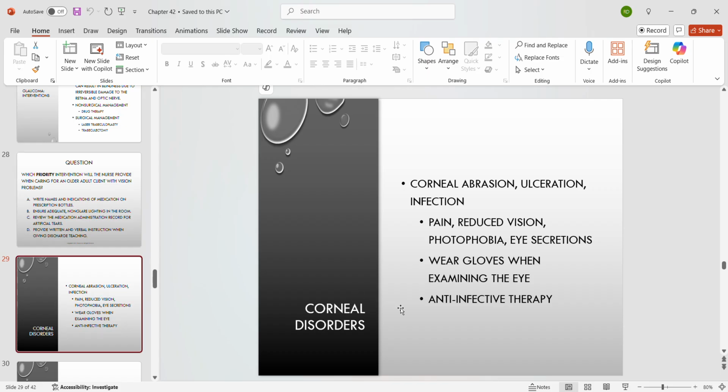It is an emergency, though, because the cornea has no separate blood supply, and permanent vision loss or impairment develops rapidly. The treatment is aggressive with antibiotic, antiviral, antifungal eye drops, and in severe cases, they're going to need a corneal transplant.